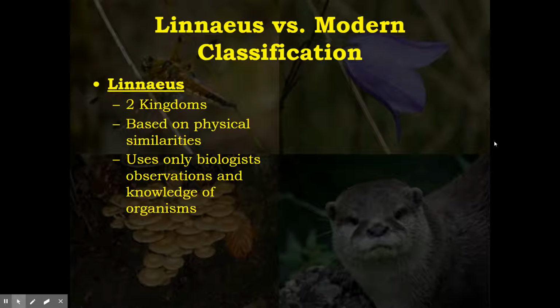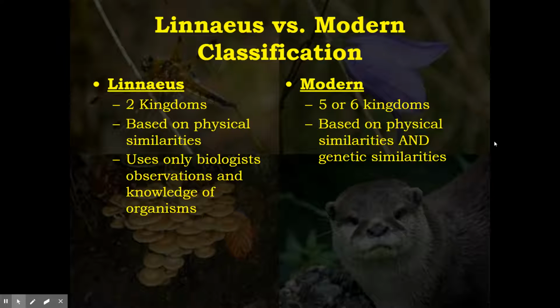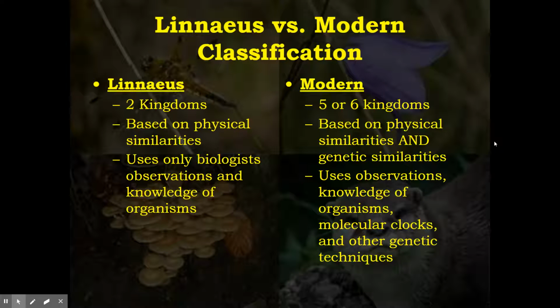The modern classification system, which we use today, has either 5 or 6 kingdoms, and I'm going to explain that in a minute. It's based on the physical similarities, and now we can throw in some genetics. So we can actually do genetic testing on some of these organisms and classify them that way. And it uses observation, knowledge of organisms, molecular clocks, and other genetic techniques that we've come along with the technology.